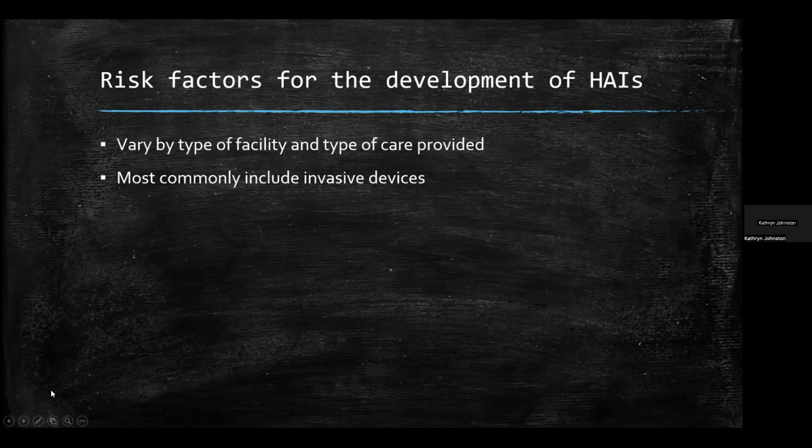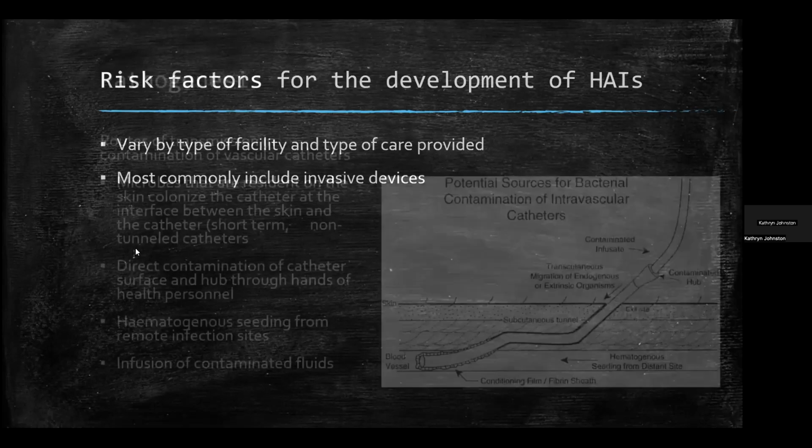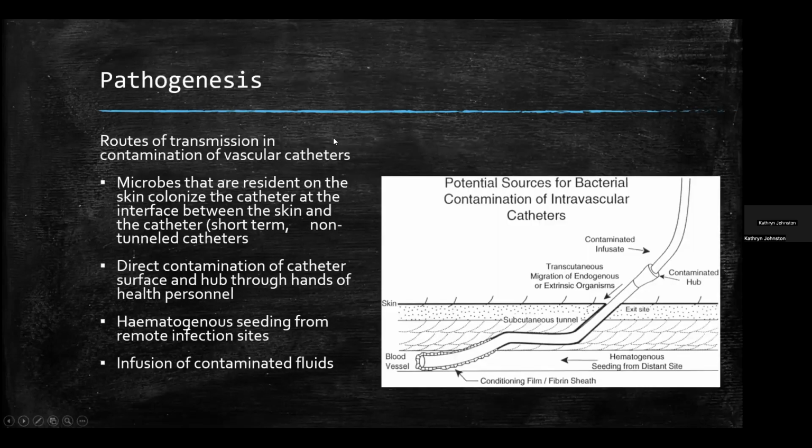So now I'm going to talk a little bit about the risks themselves. So when you talk about the pathogenesis or the routes of transmission with the central venous catheters, it's really important to note that the microbes themselves are resident on the skin at the insertion site, and what happens then is that as the catheter is inserted into the central vessel, it does allow for migration of the organisms down in.